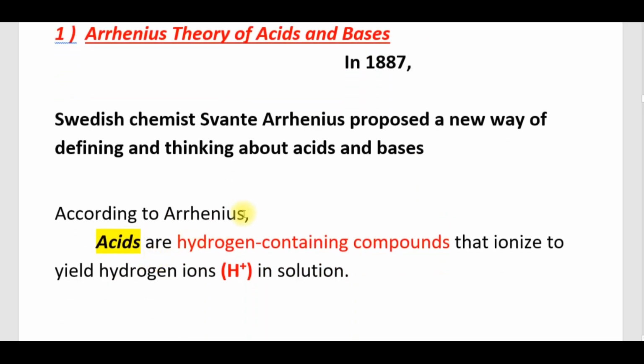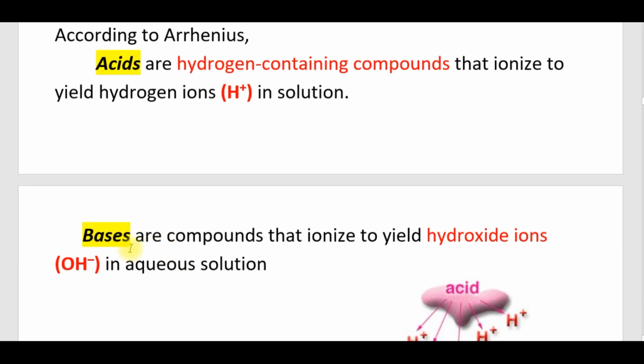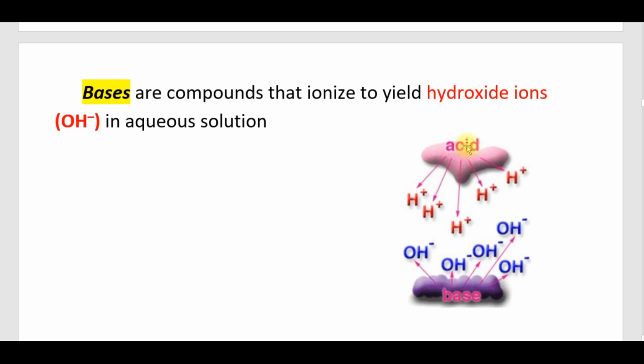So according to the Arrhenius concept, acids are hydrogen-containing compounds that ionize to yield H plus ions in solution, but bases are compounds that ionize to yield hydroxide ions in aqueous solution. According to him, acids are substances that produce H plus ions, and bases are substances that produce OH minus ions, when both are in aqueous solution.